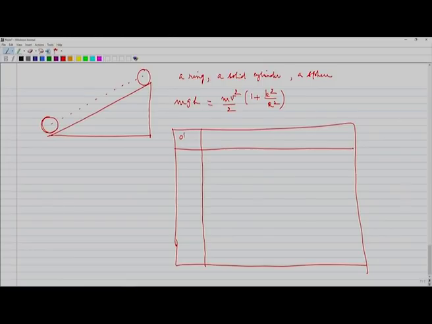This object. First I will have a circular ring. What is its k value, the radius of gyration? For a circular ring it is r. So I will put this expression here and calculate v.